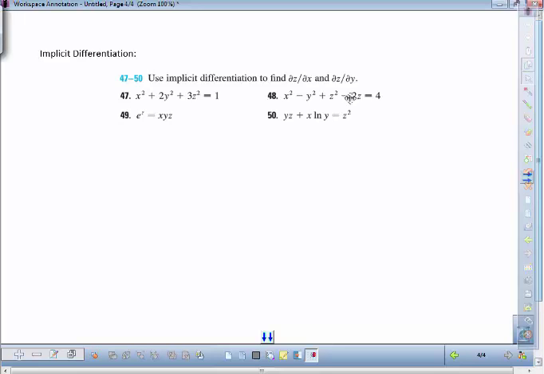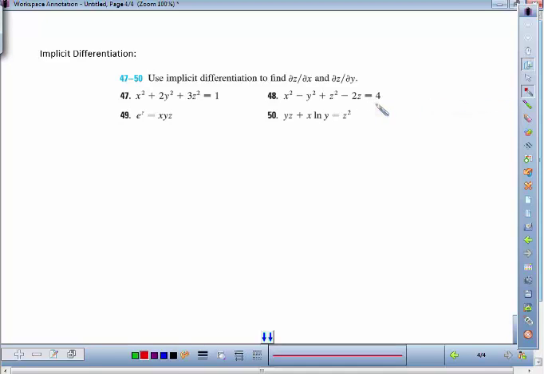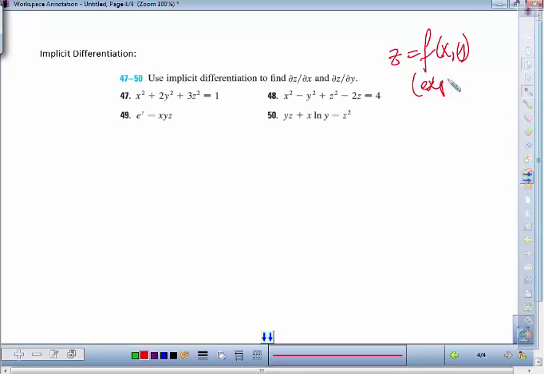Yeah, vertical line test. If I were to graph these things, it probably wouldn't pass the vertical line test in 3 dimensions. And the idea is that if you can solve for z, z is usually our dependent variable, if you can write z as a function of x and y, then this is explicit.